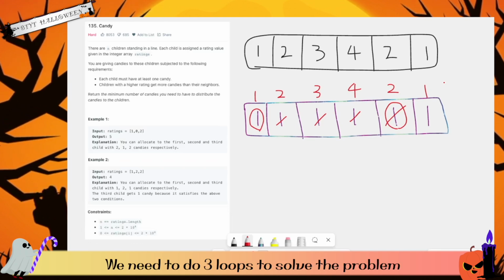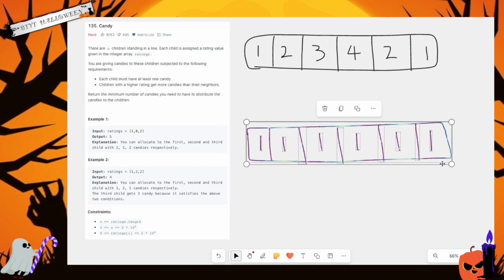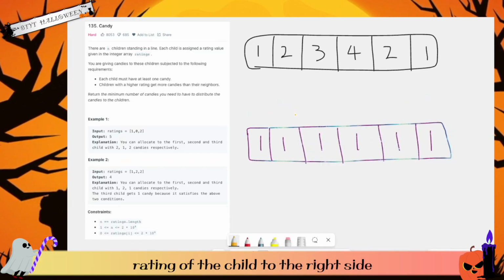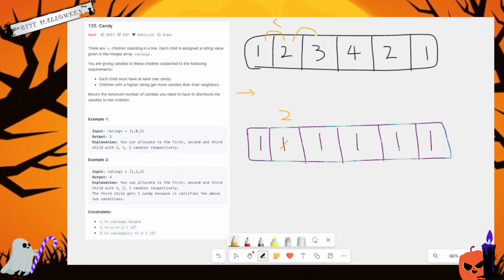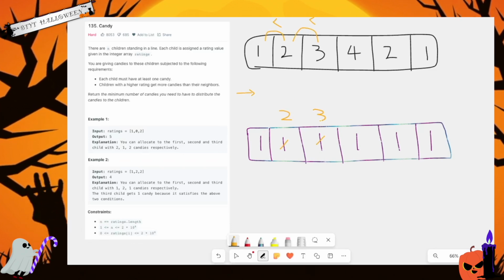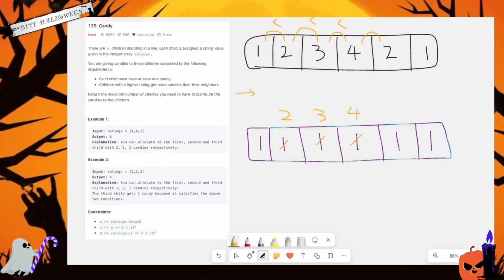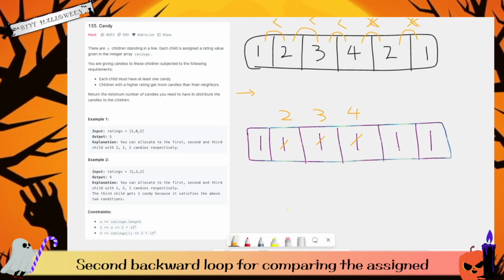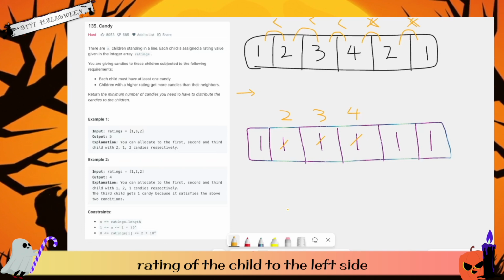We need to do 3 loops to solve the problem. First loop for comparing the assigned rating of the child to the right side. Second backward loop for comparing the assigned rating of the child to the left side.